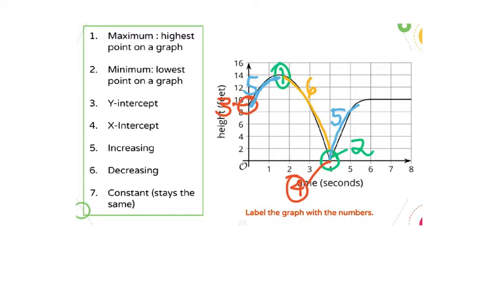And then 7 stays the same right here. And I'll make it purple. So hopefully you've got that. And that a lot of these words are words that you should be fairly comfortable using. Maximum, minimum, increasing, decreasing, constant. So moving on.